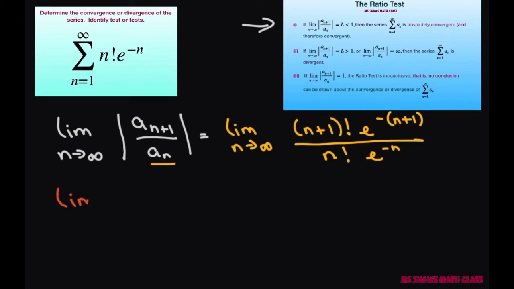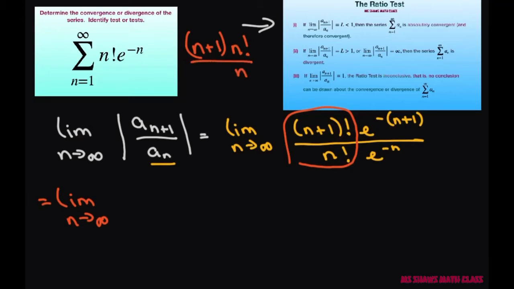We get the limit as n approaches infinity. This part right here, remember, is (n plus 1) times n factorial divided by n factorial. So that's going to give you just n plus 1. And for the e's, this is e to the power of negative n minus 1.